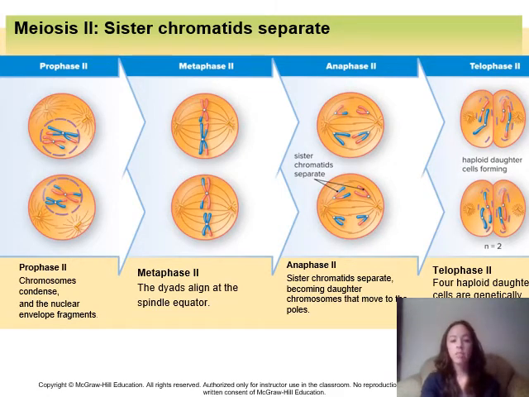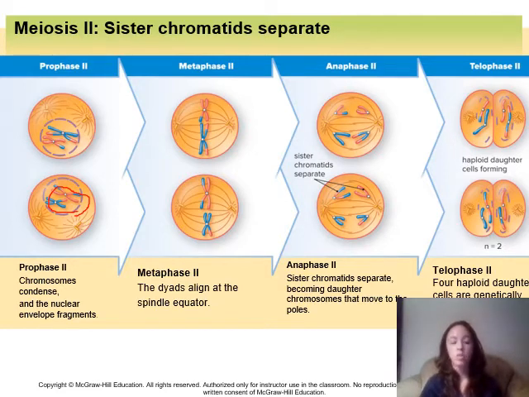The events of meiosis 2 are going to be the exact same as that of mitosis, as you'll see here in a little bit. So during prophase 2, our spindles are forming, our nuclear envelope is dissolving, and we still have our chromosomes there that contain the two sister chromatids.